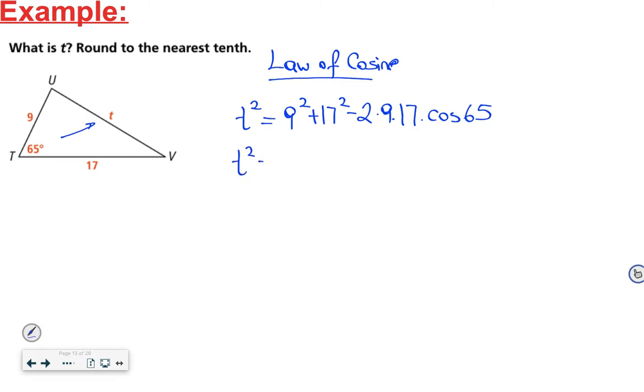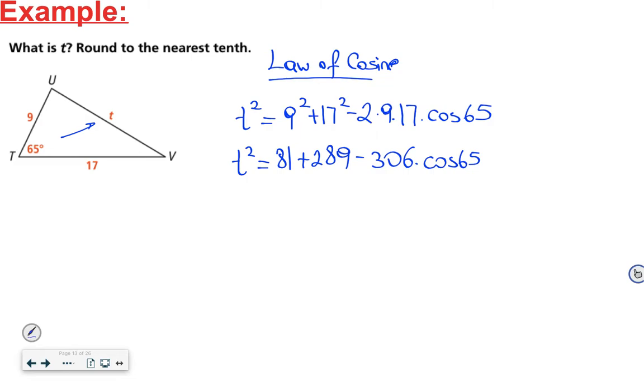Let's calculate those values. T squared is equal to 9 squared, which is 81, plus 17 squared, which is 289, minus 9 times 2, which is 18, times 17, which is 306, times cosine 65.